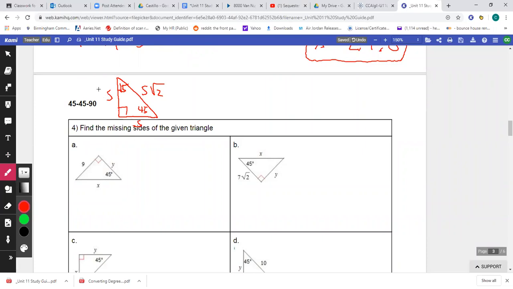In a 45, 45, 90, the two legs are always the same, and then the hypotenuse, you just multiply by root 2. So this one's really easy. Y is just 9 because it has to be the same. And then X, you just multiply by root 2. That's it. That's the answer.